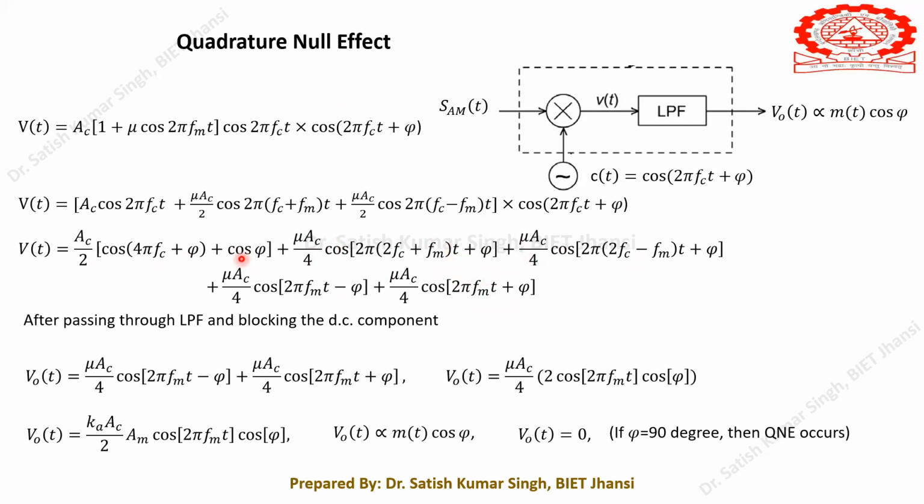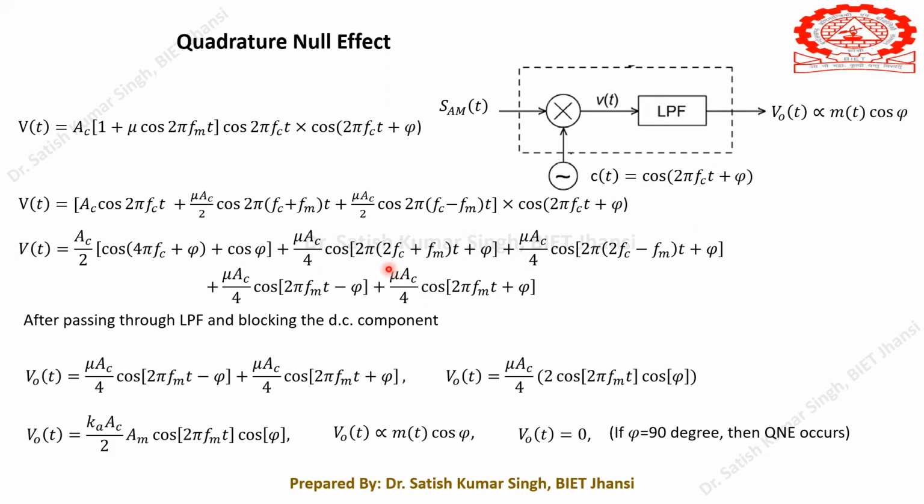As I said, again it will be passed through the low pass filter. Basically, this high frequency component will be rejected again by the low pass filter irrespective of its phase part. It won't depend on the phase part, but on the frequency part.